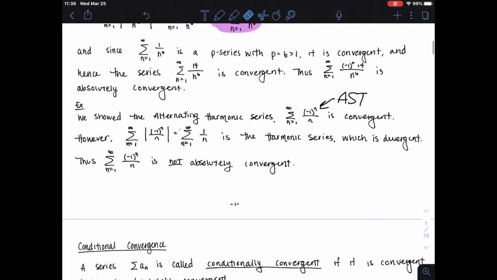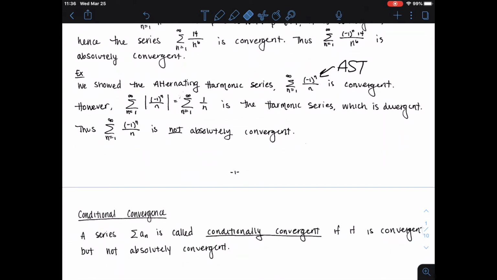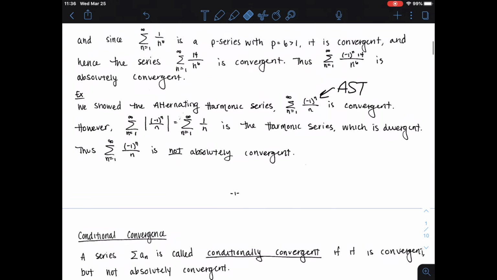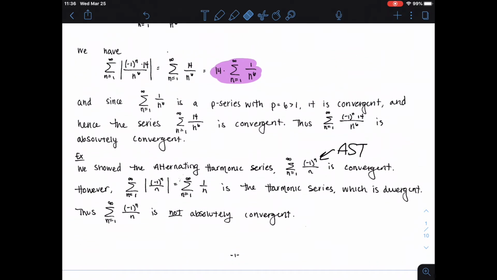Okay? So this is a concept that's called conditional convergence. So a series, the sum of a_n, is conditionally convergent if it's convergent itself, but not absolutely convergent. So kind of the main difference between these two examples is when you look at this series, we know it's convergent by the alternating series test.